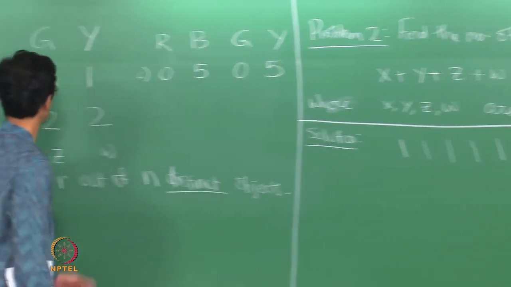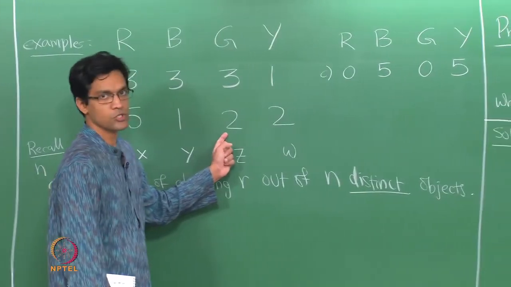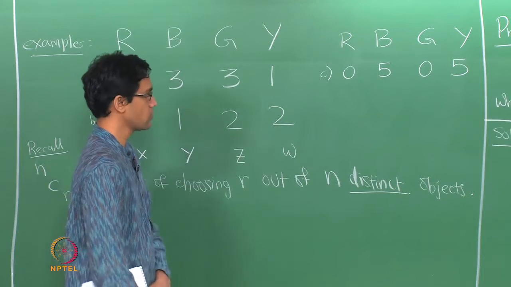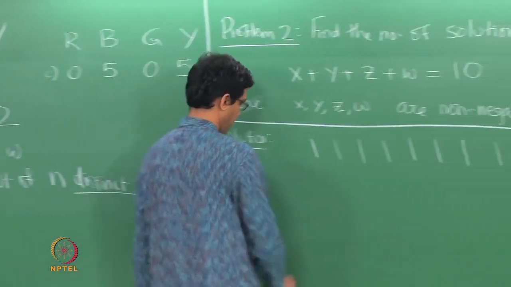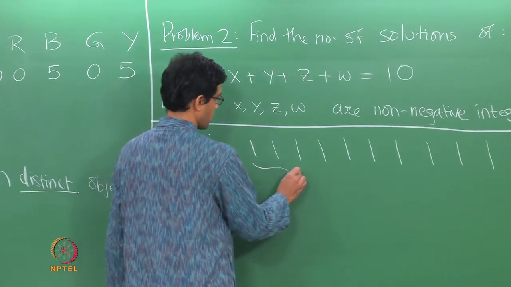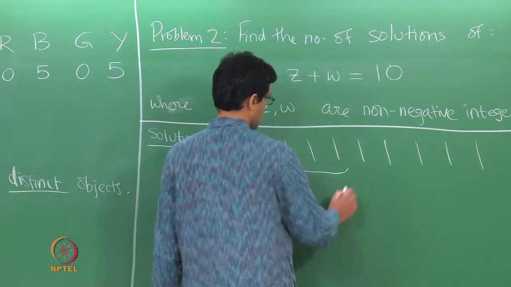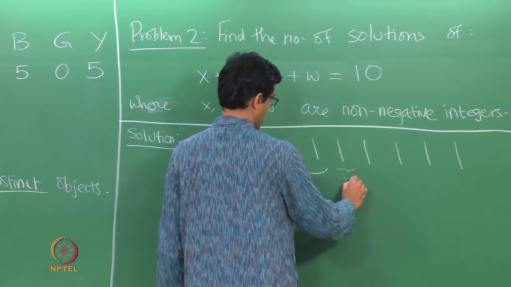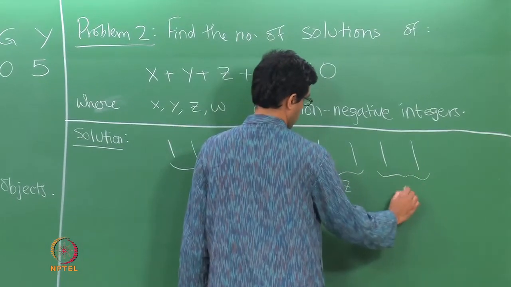For instance, if you take x equals 5, y equals 1, z equals 2 and w equals 2. So 5, 1, 2, 2, we will think of it as follows. So x is 5, so there are 5 ones, this much is x, y was 1, so that is y, z is 2 and w is a 2.